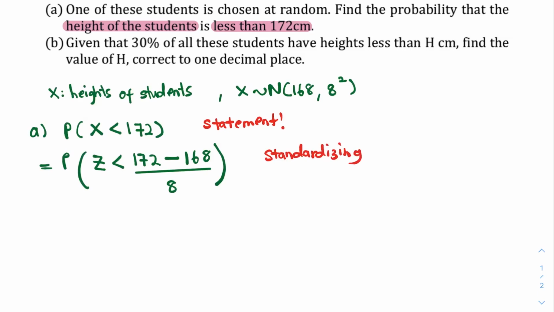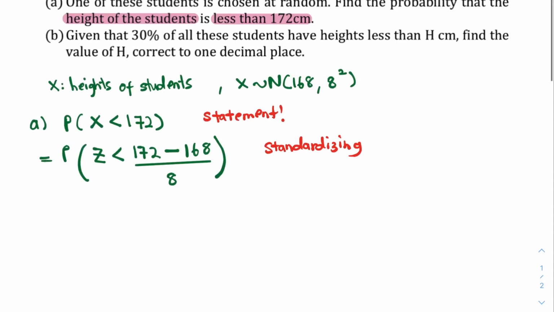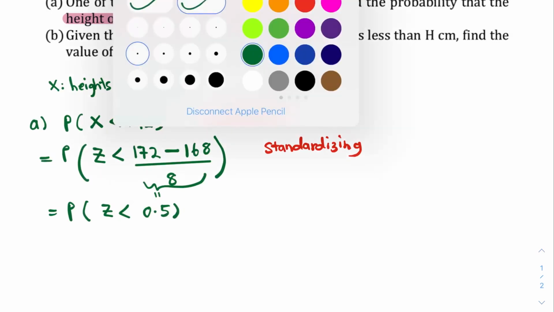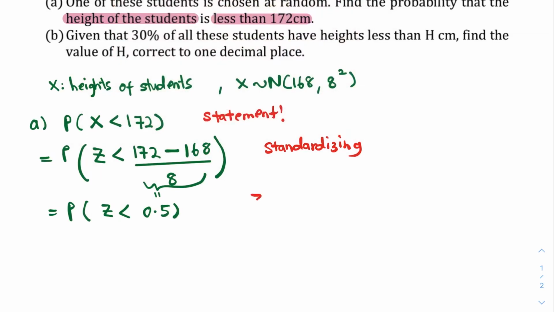You use the standard score to change from the X normal distribution to standard normal. Then find or state your Z value. After you calculate this, what is your Z value equivalent to? Your Z value is equivalent to 0.5. Okay, so clearly state your Z value.